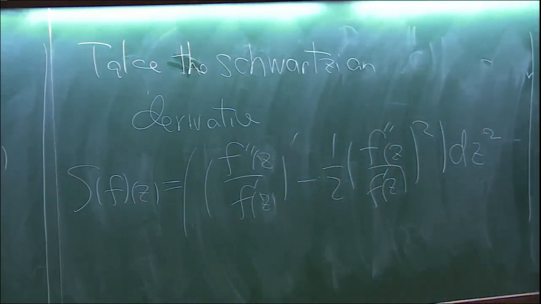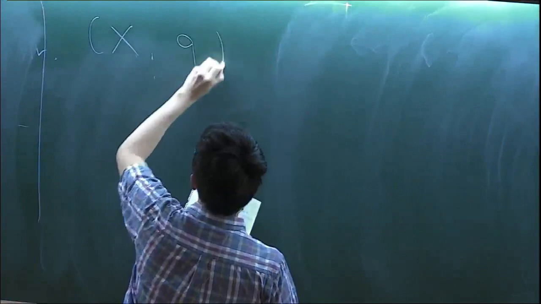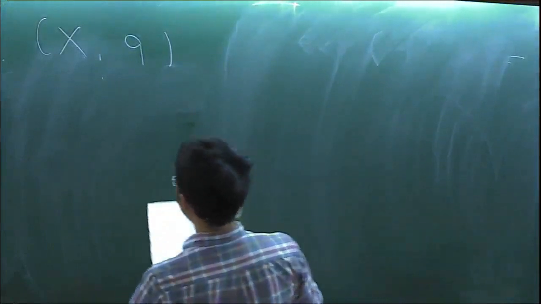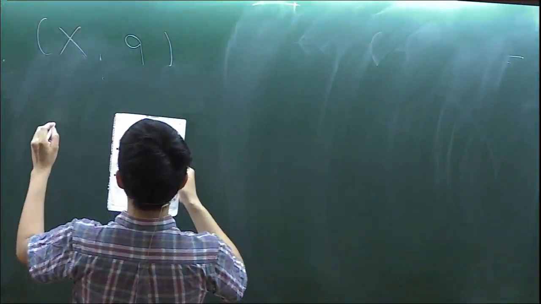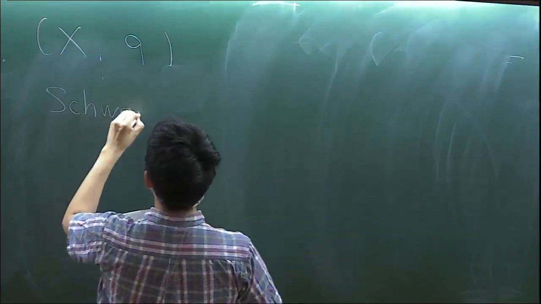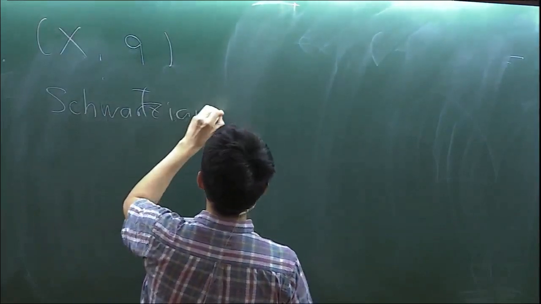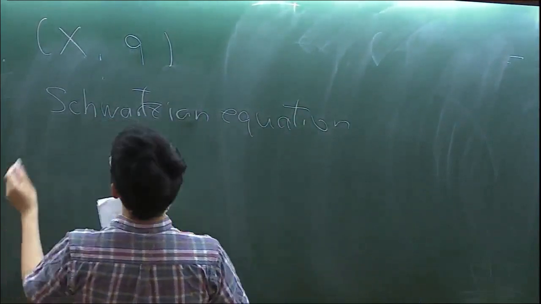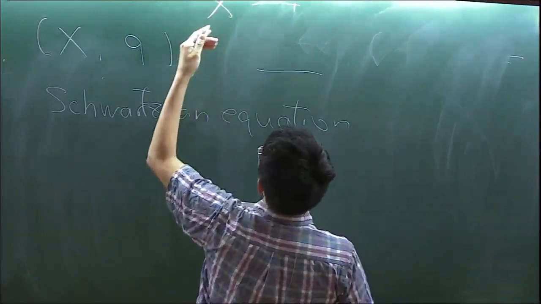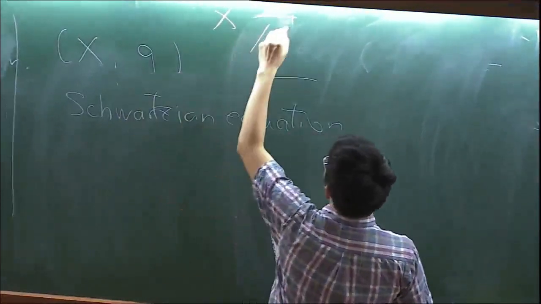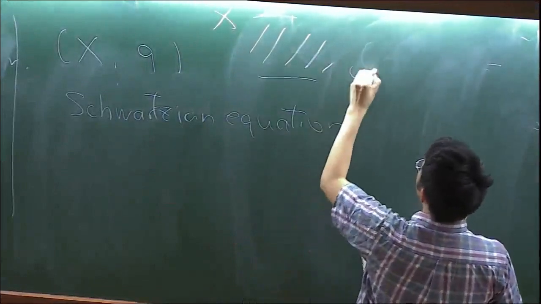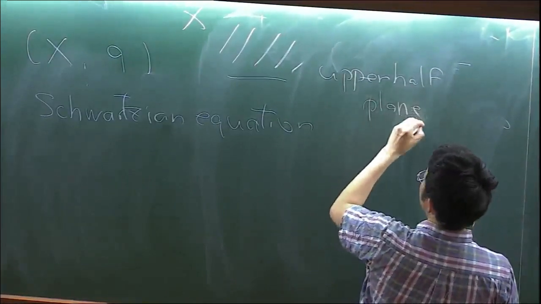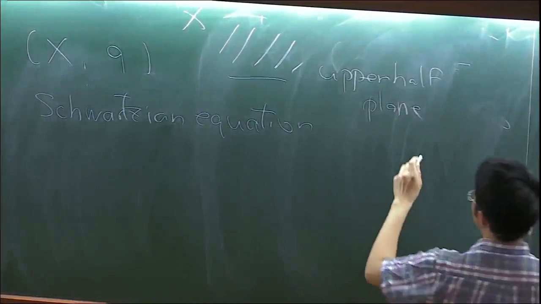And then you can go backwards: if you have a Riemann surface and a holomorphic quadratic differential on the surface, we can make a CP1 structure. So we solve the Schwarzian equation. Regarding the universal cover of this Riemann surface as the upper half plane, as it's biholomorphic to it.